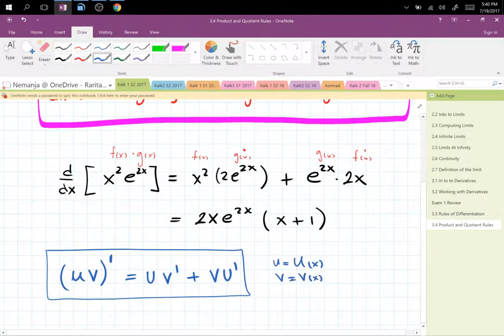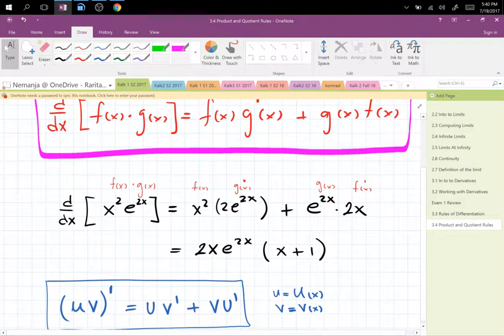So two functions, u and v. The reason we are using this is because in Calculus 2, in Chapter 7, you are going to learn integration by parts, which is going to be a backwards product rule, and that one utilizes u and v. So you can remember either the fg version or the uv version. As you can see, they're both the same.